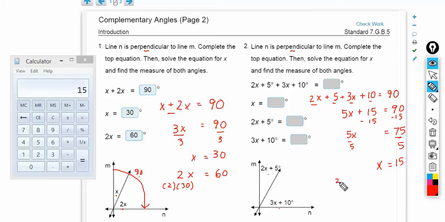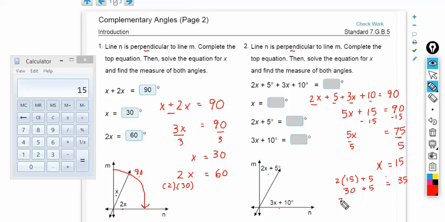So now 2x plus 5: 2 times 15 is 30 plus 5, and that equals 35. So 2x plus 5 equals 35.